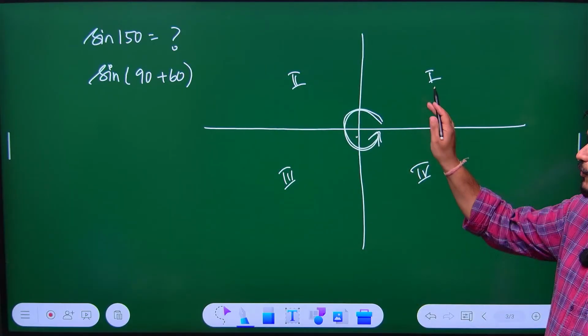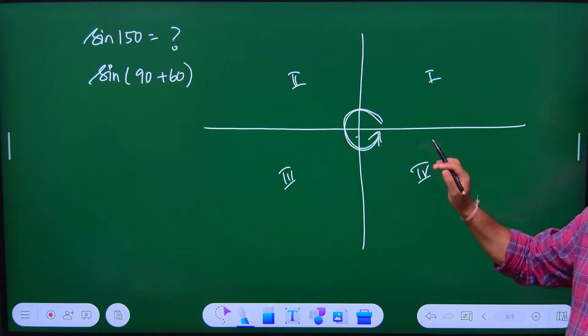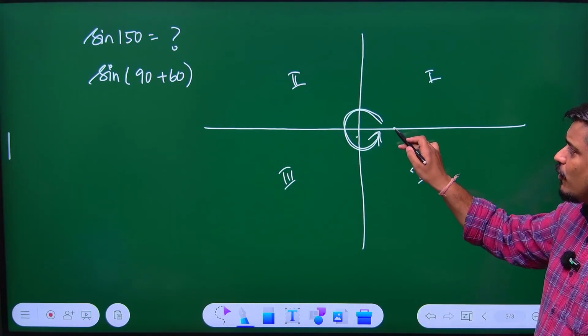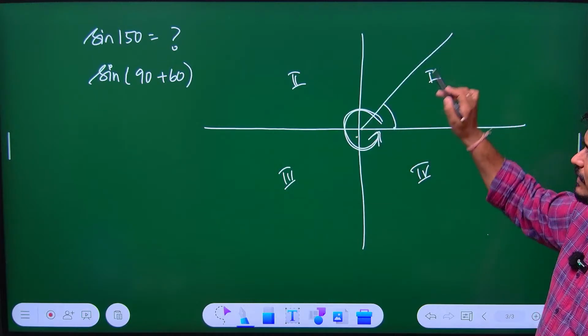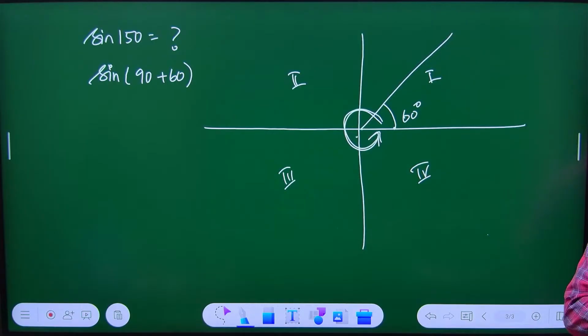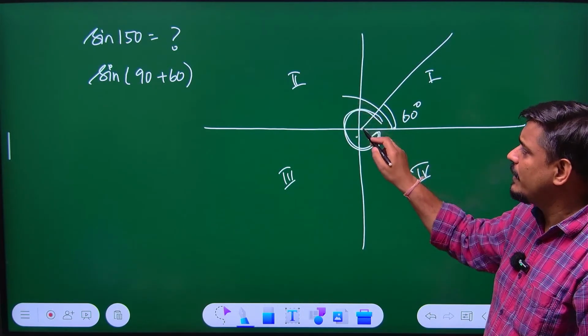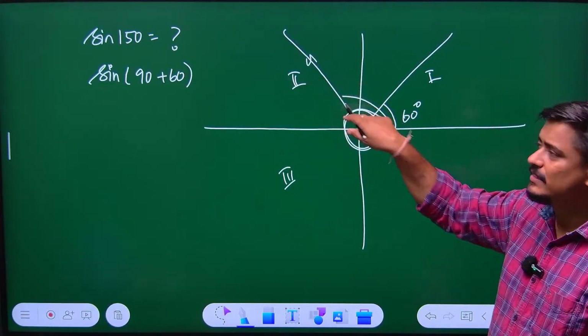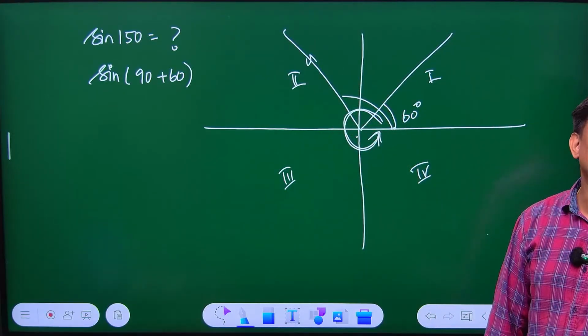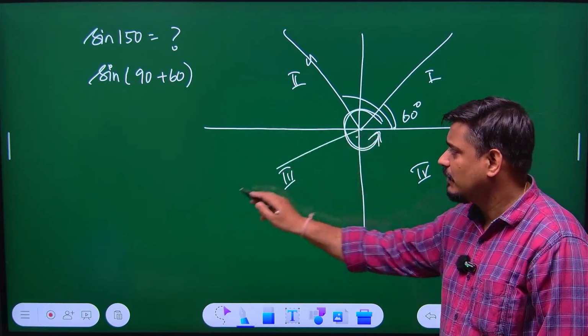Okay? So this is the first quadrant, second quadrant, third quadrant, and fourth quadrant. If I say 60 degree, you should start from here, go 60 degree and draw a line. This is 60 degree. So 60 degree will come in which quadrant? It will come in the first quadrant. If I say 120 degree, from here you will start, go 120 and draw a line. Which quadrant? Second quadrant. If I say 210 degree, so 180 plus 30, somewhere here, 210.